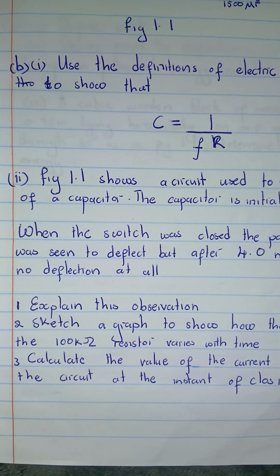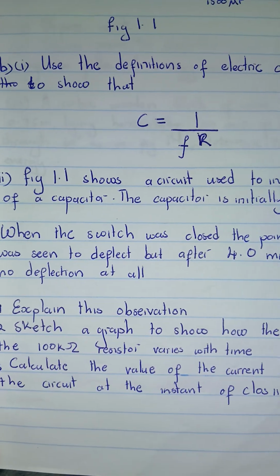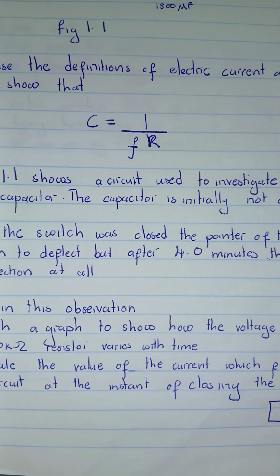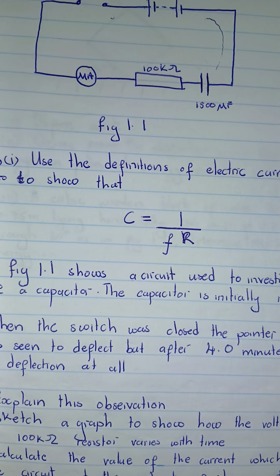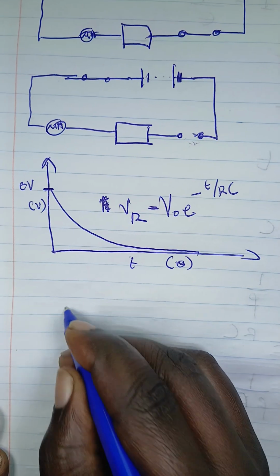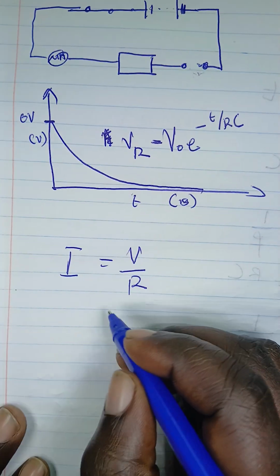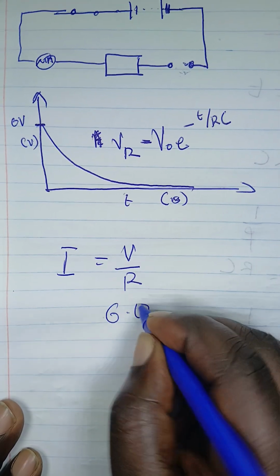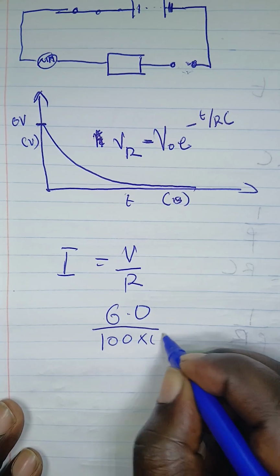Last question. Calculate the value of current which flows in the circuit at the instant of closing the switch. So at the instant of closing the switch, let's calculate the current. So current I is equal to V over R, which is going to be equal to 6 divided by 100 times 10 to the power 3.